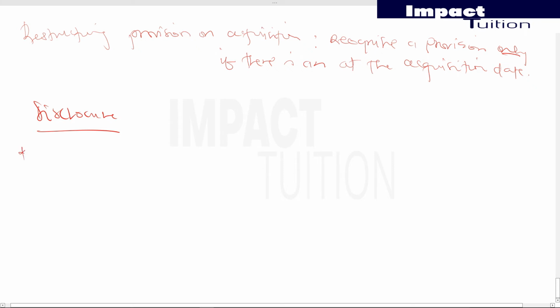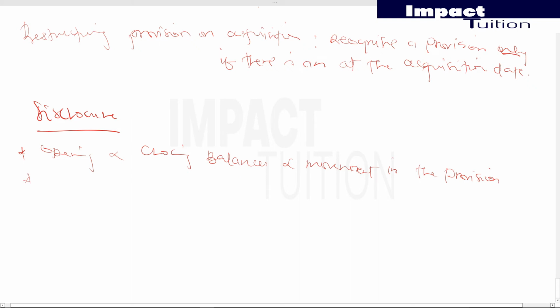First, we should disclose opening and closing balances and movement in the provision. The movements can be an increase or a decrease.